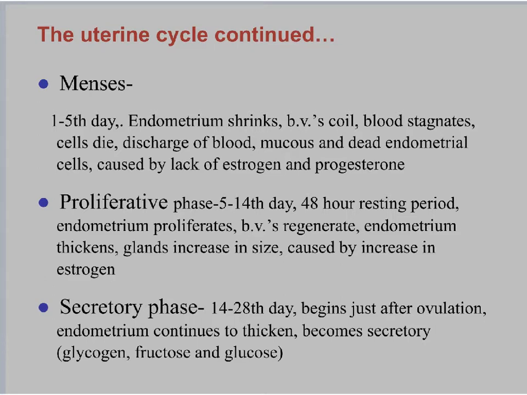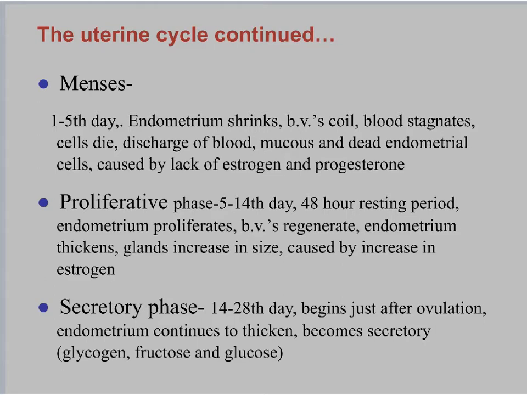Following the proliferative phase, the uterus then enters what's called the secretory phase. And again, this is an average, beginning somewhere around the 14th day of the uterine cycle and lasting until somewhere around the 28th day. This phase should begin right after an ovum is released, or ovulation.